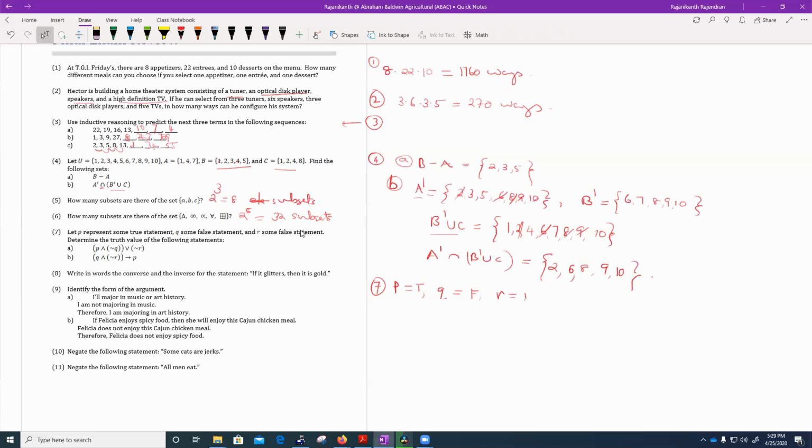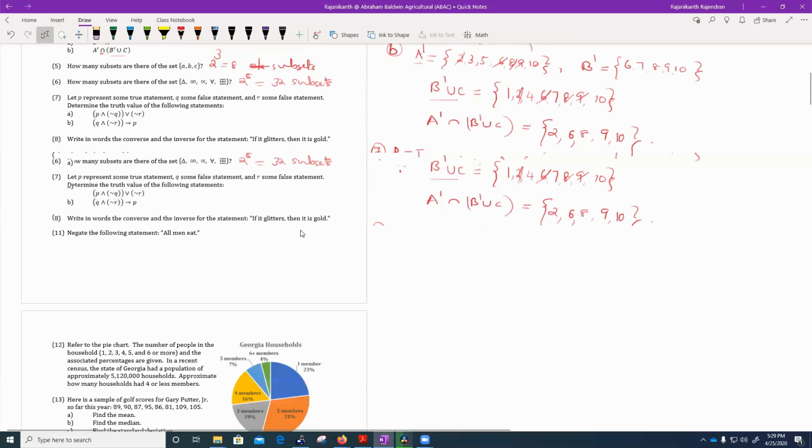You are given the truth values for these three statements and you need to find the truth value of the following expressions. Part A, find the truth value of P and negation Q, or negation R. So let us plug in the values.